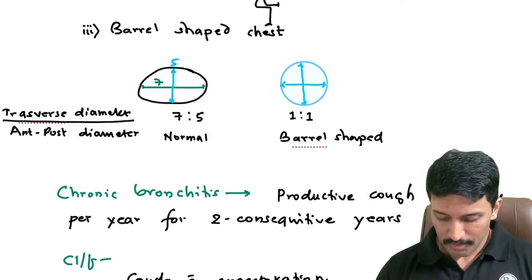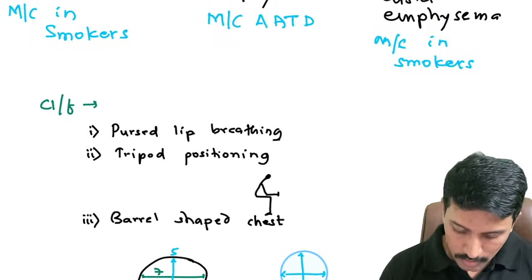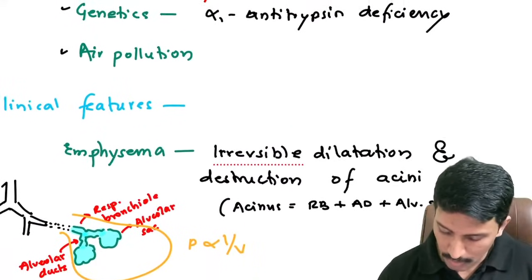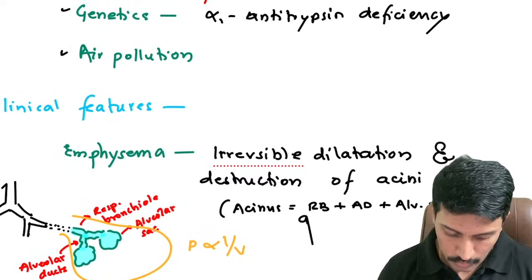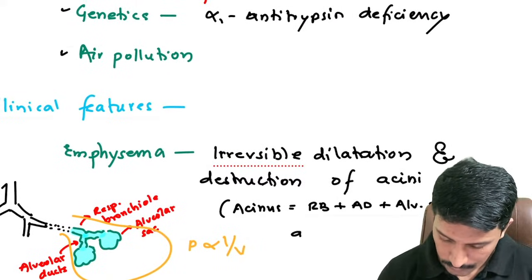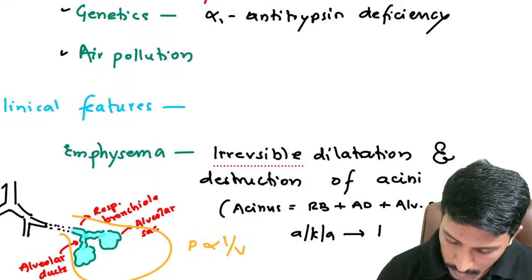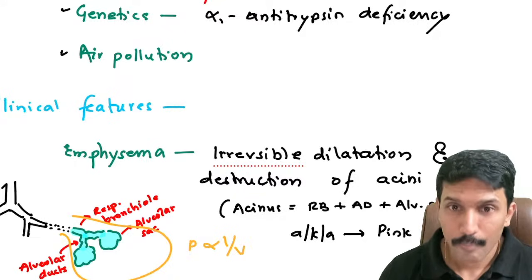What else can we expect? So I forgot to mention this. It is good if you write it down in your answer sheet. Emphysema patients are also known as pink puffers.